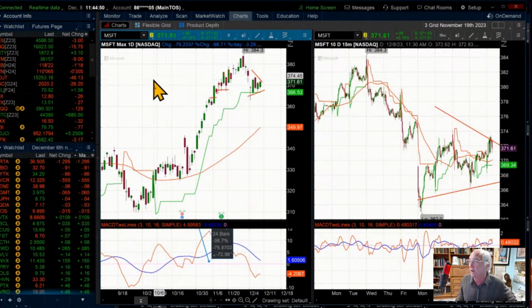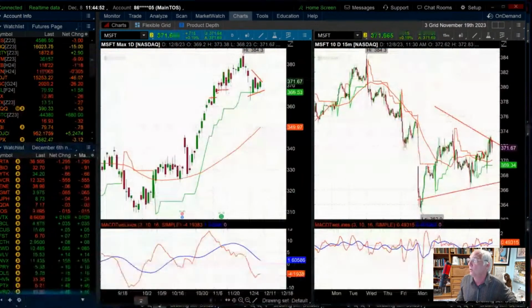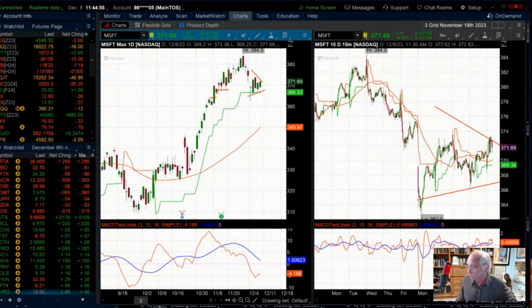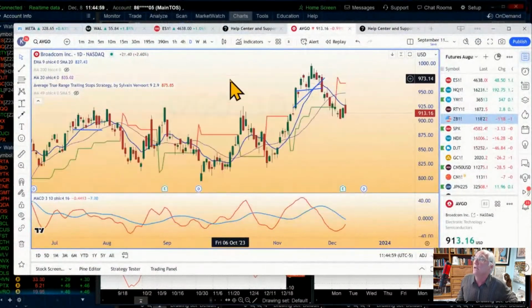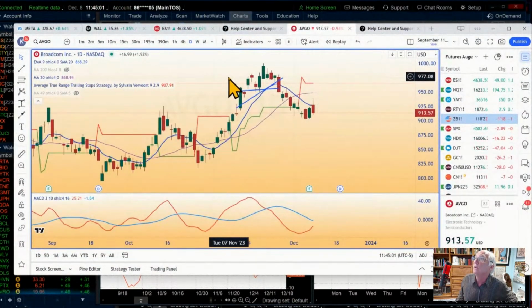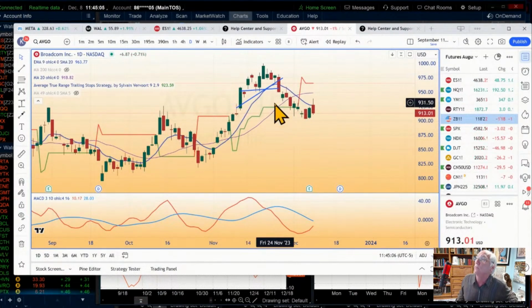You don't see it on here. I can show you a trading view again. So you see that Broadcom is under, now it's under the 9, but it was under the 9 here. What did that mean to me?